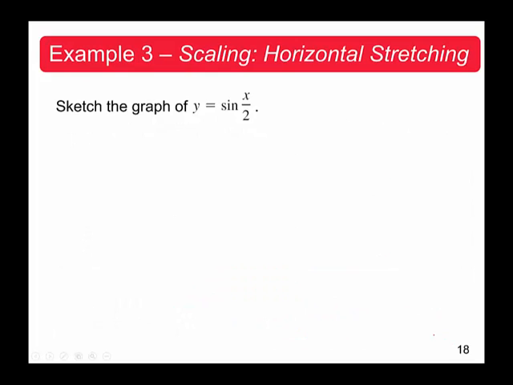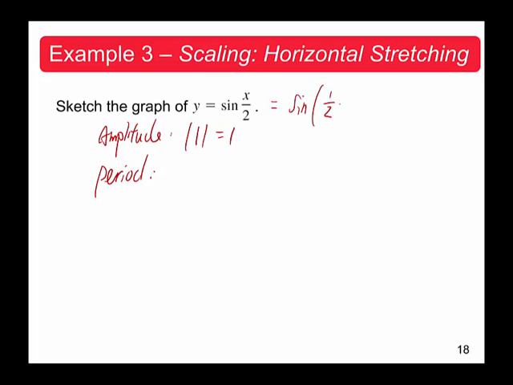Now let's sketch a graph of y equal to sine of x over 2. First of all, the amplitude is the coefficient in front of the sine of x over 2, which turns out to be 1, so the amplitude is the absolute value of 1, which is 1. And then the period: you can write it as sine of half times x. So the period will be 2 pi over the absolute value of half. 2 pi over half becomes 2 pi times 2.